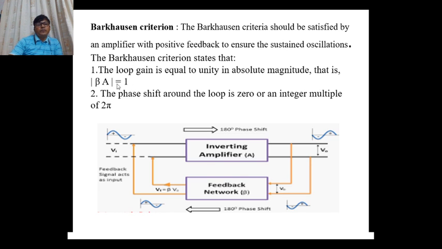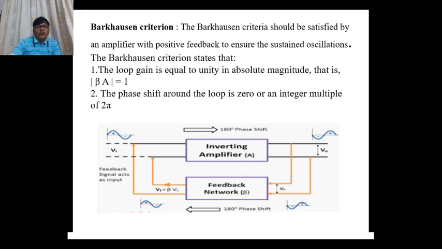The loop gain, that is beta A, must be equal to 1. Means the equation for the feedback gain, AF is equal to AV upon 1 minus A beta. If 1 minus A beta, 1 minus 1 is equal to 0, the gain becomes infinite. And therefore the loop gain is unity. Then only the circuit becomes oscillatory.